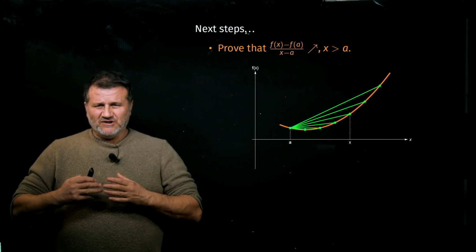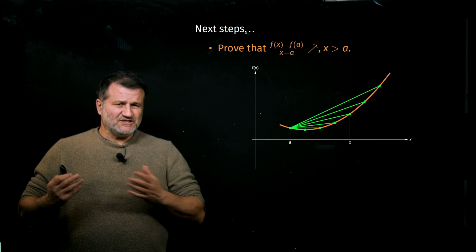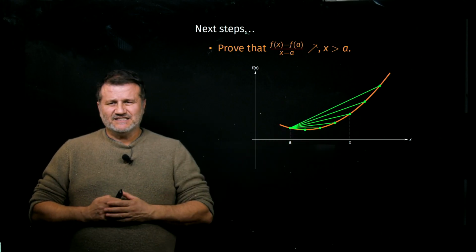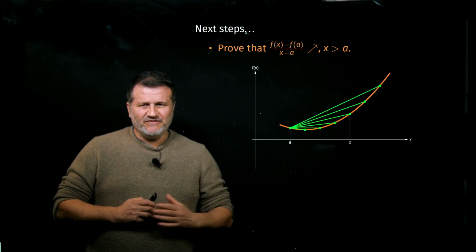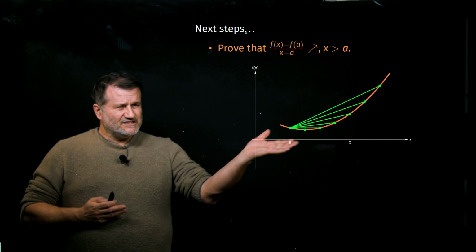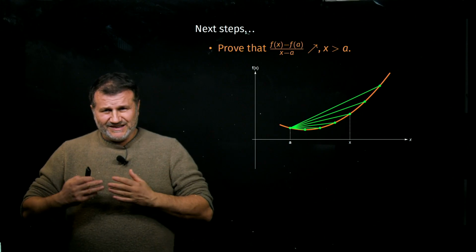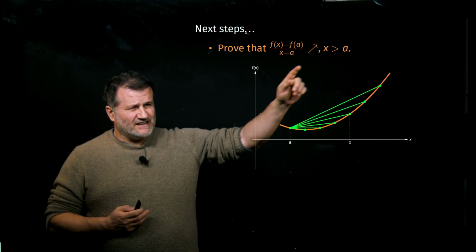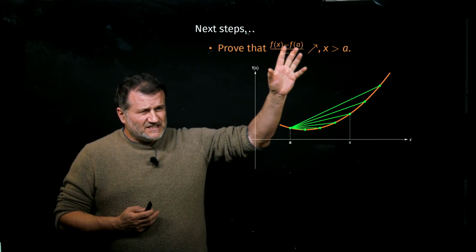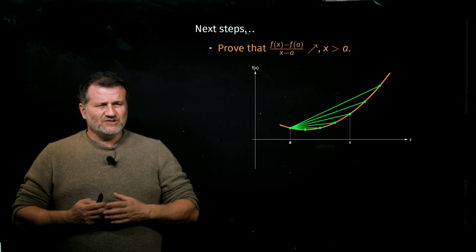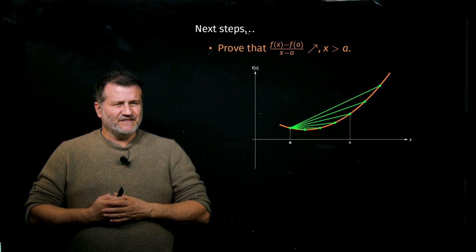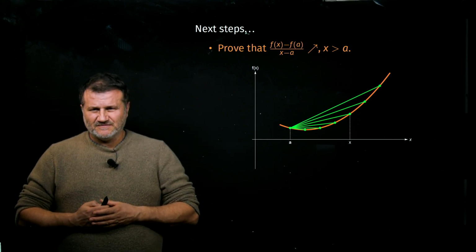Observing the slopes of the chords drawn from a fixed point A to a moving point X at the right of A, you will notice that the slope of the chord increases. In mathematical terms, these are the slopes. This is an increasing function of x. So your task is to prove this just by using the initial definition of convex function.